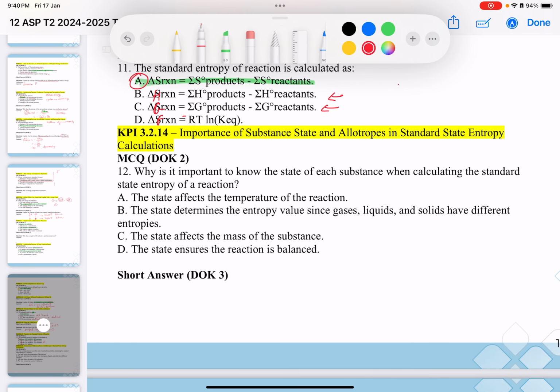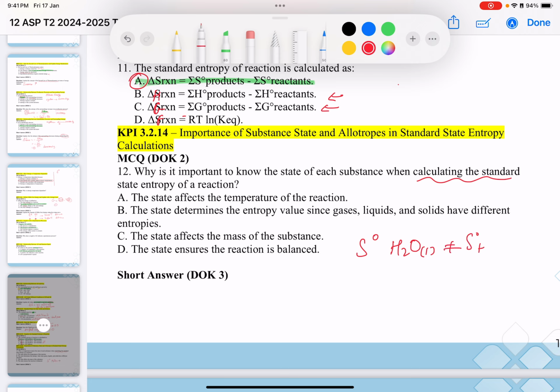Why is it important to know the state of each substance when calculating the standard entropy of a system? Because we want to do the calculations right, since the entropy value might differ. The entropy of H2O liquid is not the same as the entropy of H2O gas or solid.